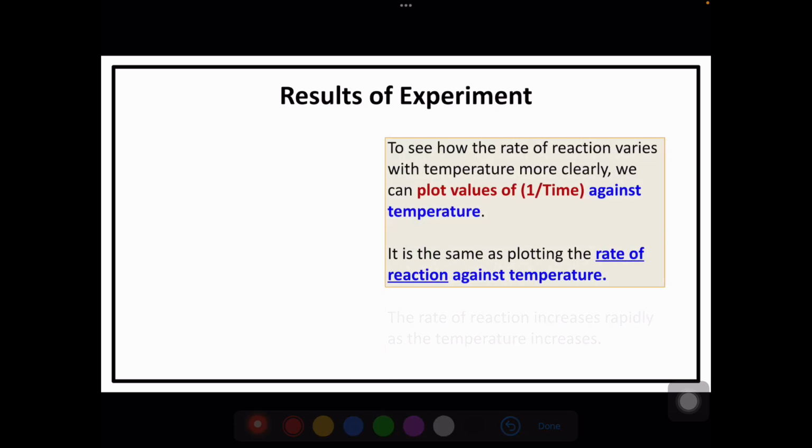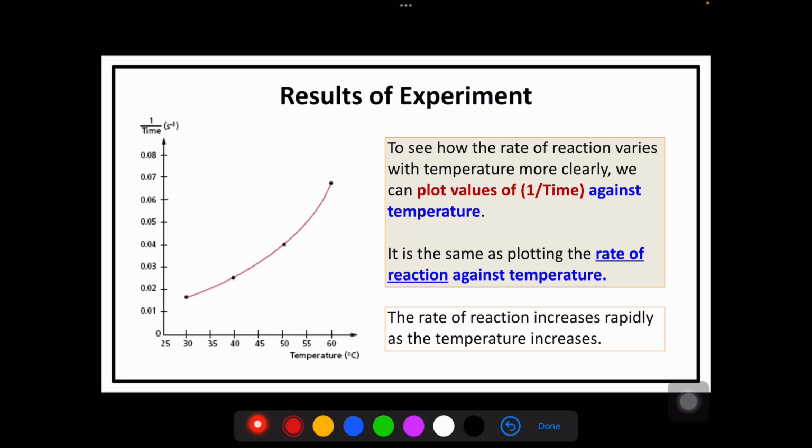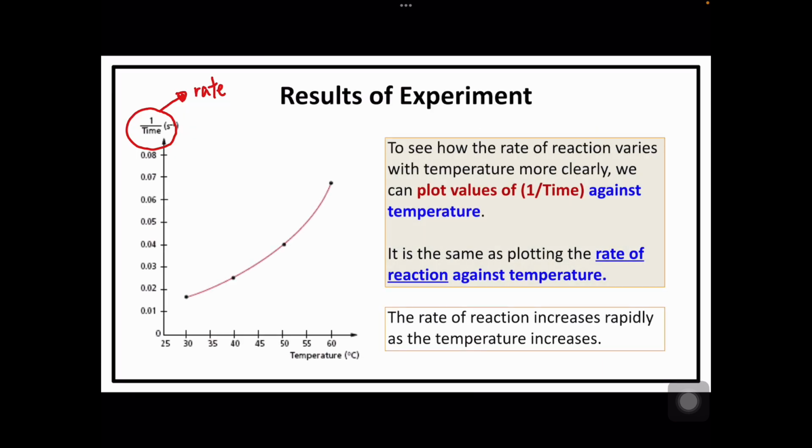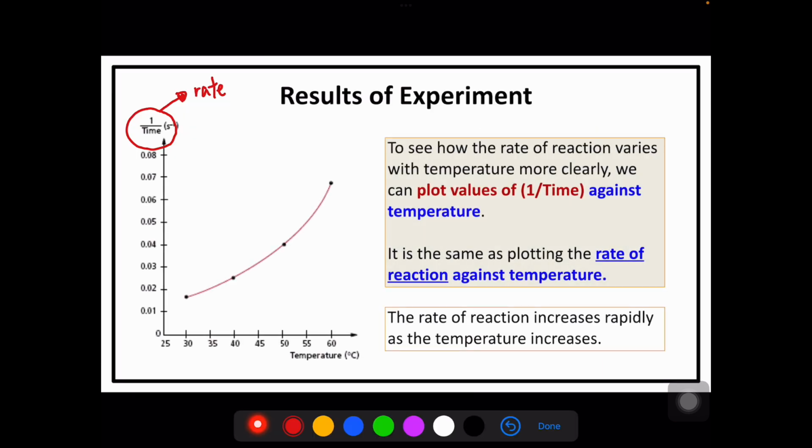To see how the rate changes, we can plot the values of 1 over t, or 1 over time. This allows us to know the rate of the reaction. As you can see from this graph, as the rate increases from, let's say, 0.01 all the way to 0.07, based on how the temperature changes, as the temperature increases, the rate also increases.